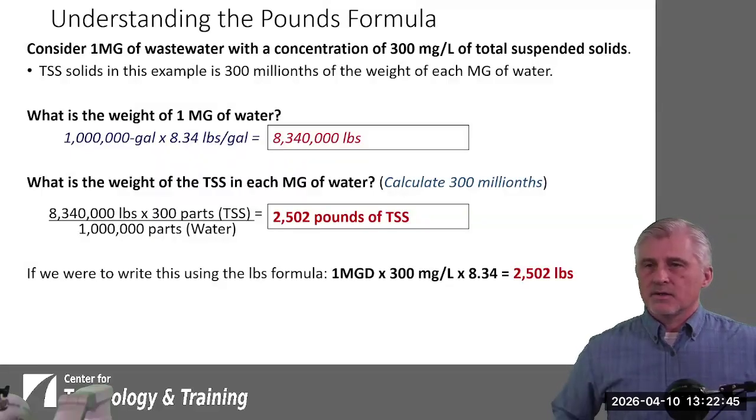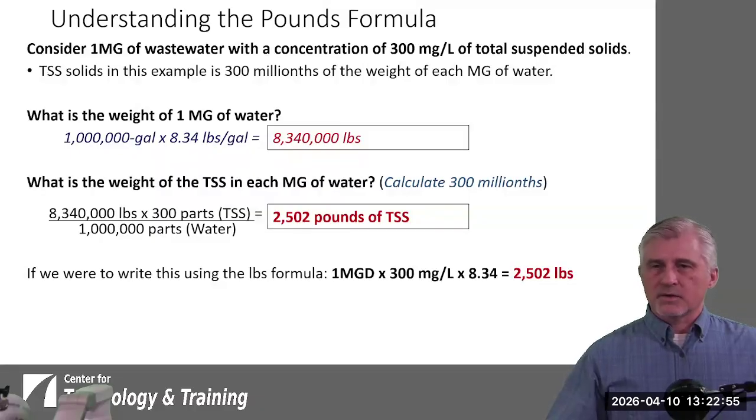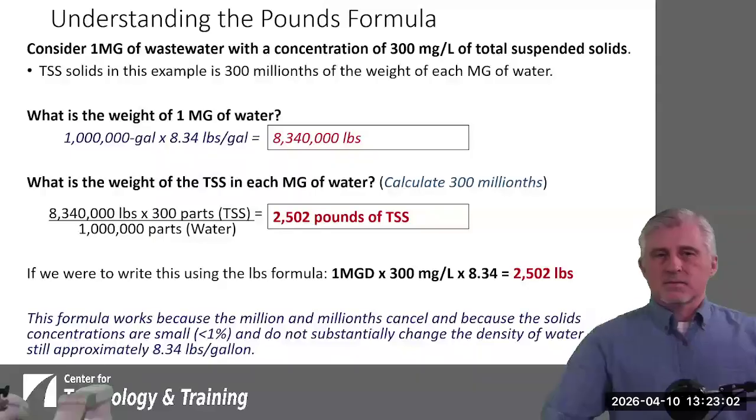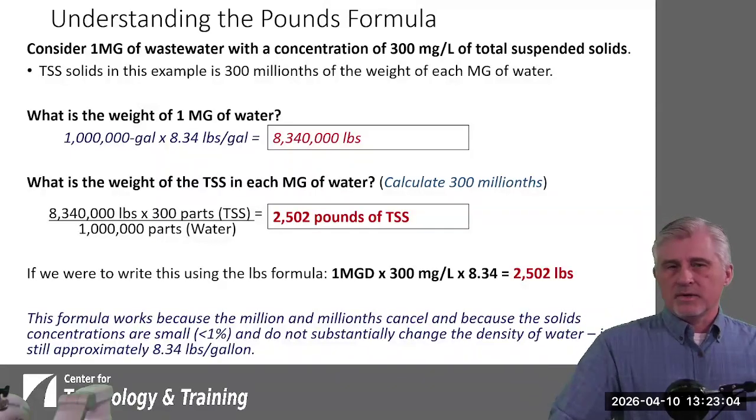To write this using the pounds formula, it would look like 1 million gallons a day times 300 parts per million times 8.34 is equal to 2,502 pounds. And the formula works in this case because the million and millionths cancel and the solids concentrations are small.